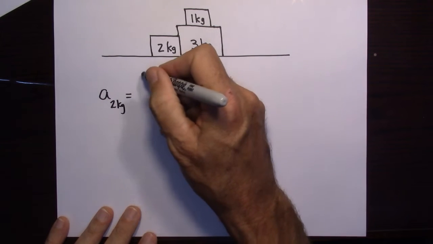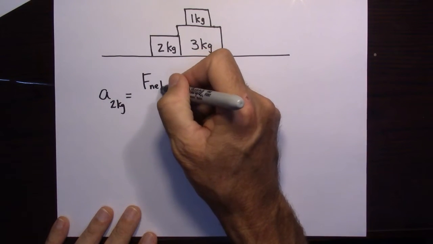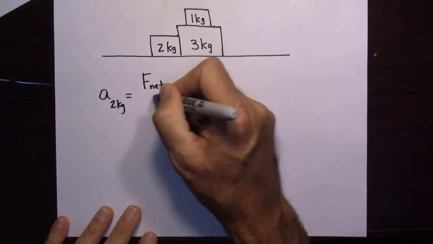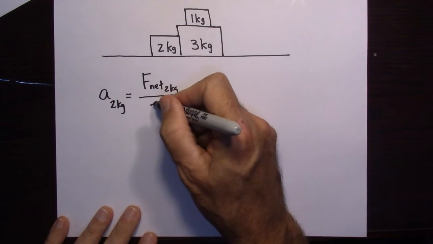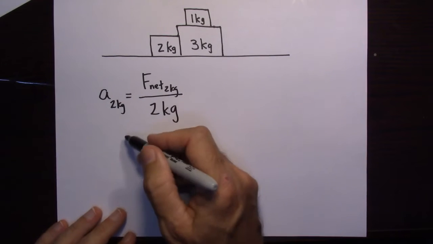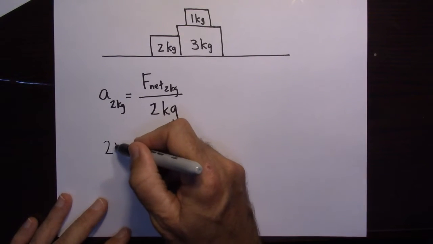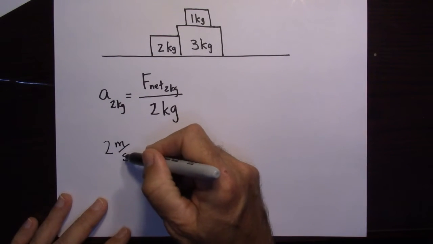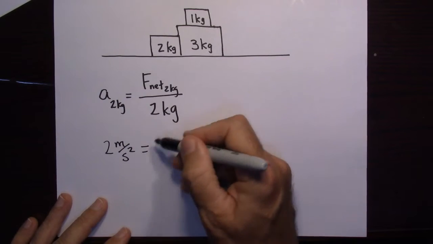A of the 2 kilogram mass is the net force on the 2 kilogram mass divided by the mass of it, so 2 kilograms. Okay, so the acceleration is 2 meters per second squared. We figured that out earlier. That's equal to the net force.